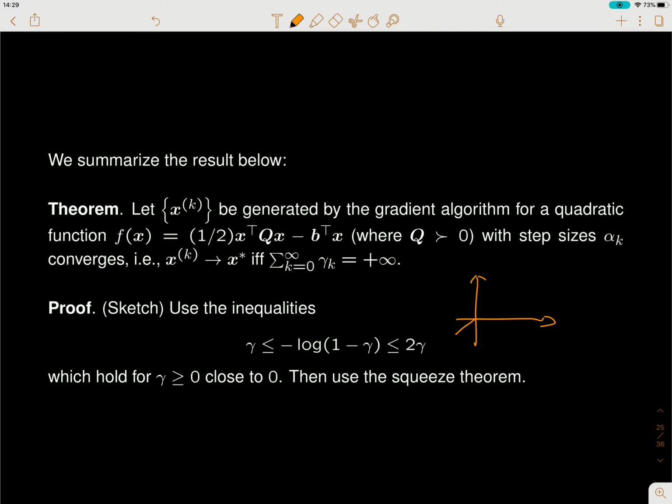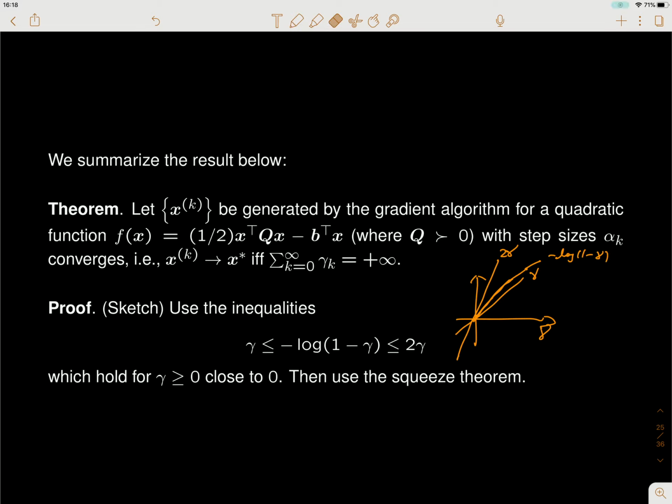Let's say this is gamma, this is 2 gamma. Okay, and what I'm trying to claim here is that the negative log of 1 minus gamma is actually in between these two. So this one is negative log of 1 minus gamma.